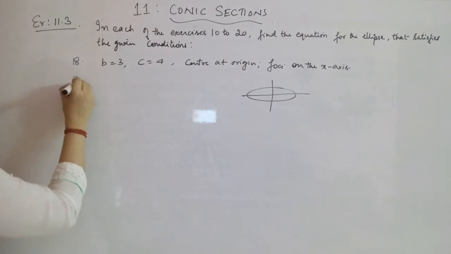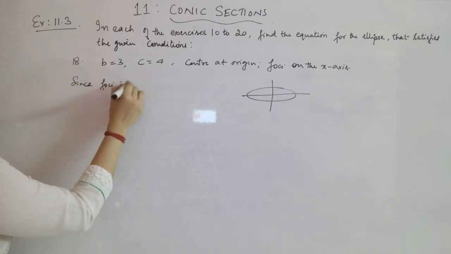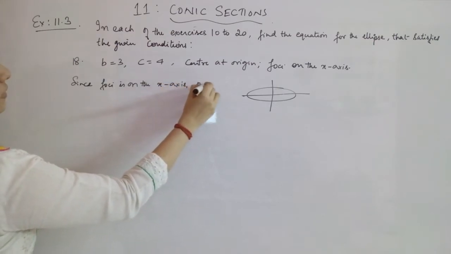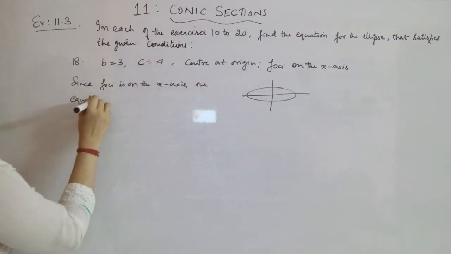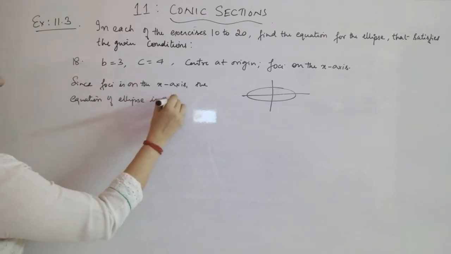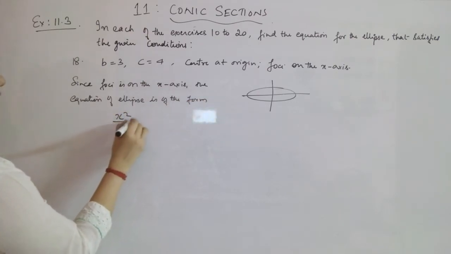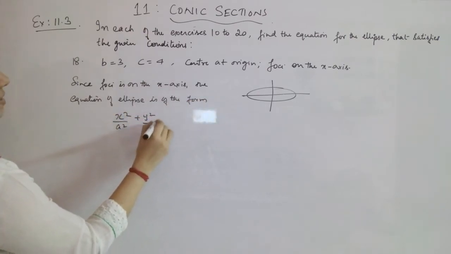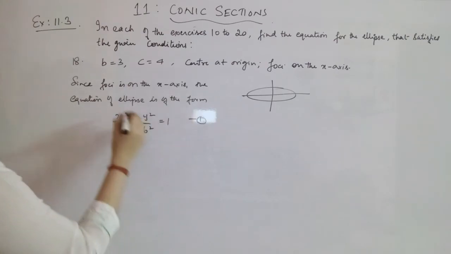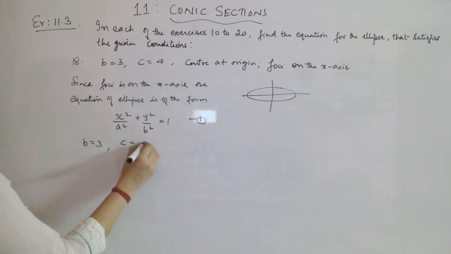Since foci is on the x axis, the equation of ellipse should be of the form x square by a square plus y square by b square equal to 1. Now what is given? B is given to be 3, C is given to be 4.